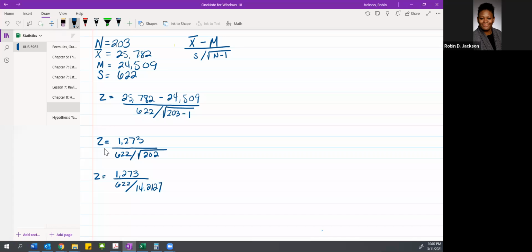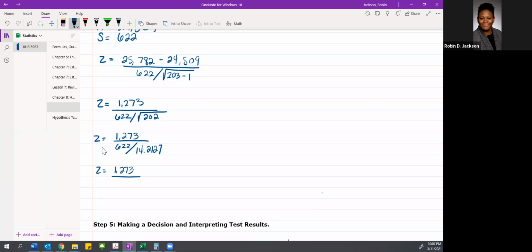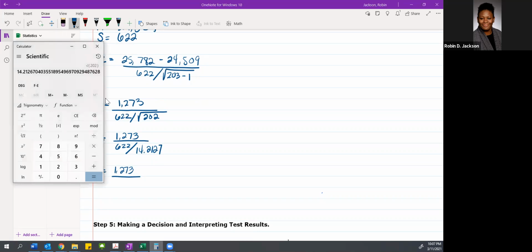All right, so let's see. Z is equal to 1,273 divided by, and let's go ahead and do that calculation. All right, so 622 divided by 14.2127.